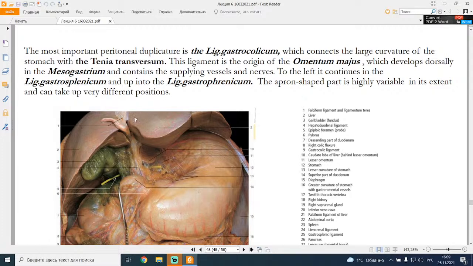Gastrosplenicum, and up into gastrophrenicum. The apron-shaped part is highly variable in its extent and can take very different positions.